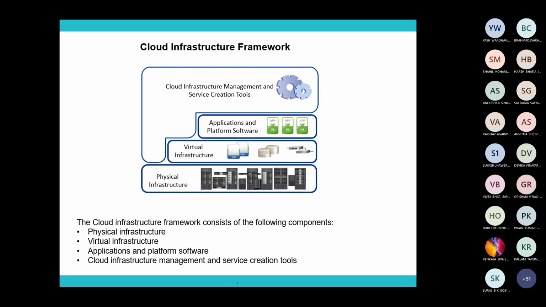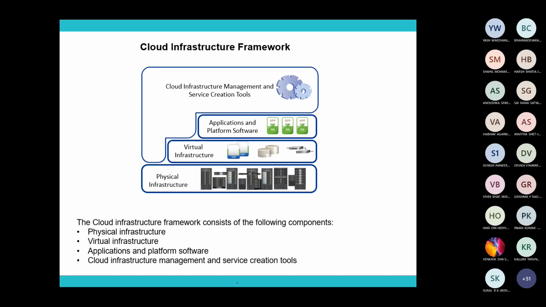Once you have these virtual infrastructures, such as virtual machines or virtual volumes, applications will be installed on top of that. That is the application and platform software. These applications and platform softwares are installed and offered as a service to the cloud customers. This service offering may be software as a service, platform as a service, or infrastructure as a service.